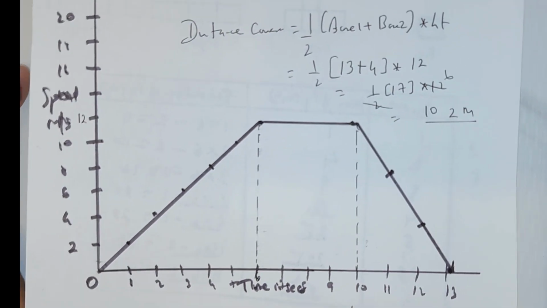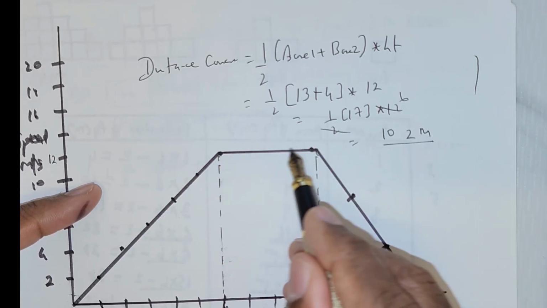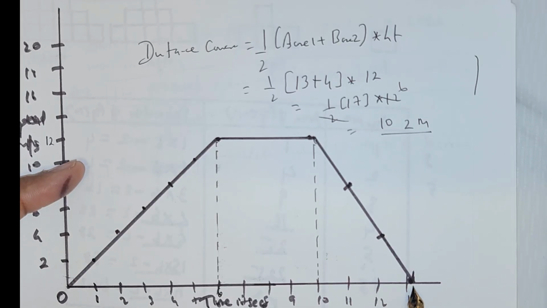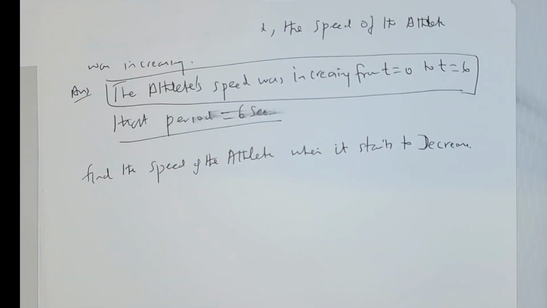Now see the graph. The speed of the athlete is constant between t is equal to 6 to t is equal to 10. But from 10 onwards, the speed is actually going down, to 13. So we will have to write that.